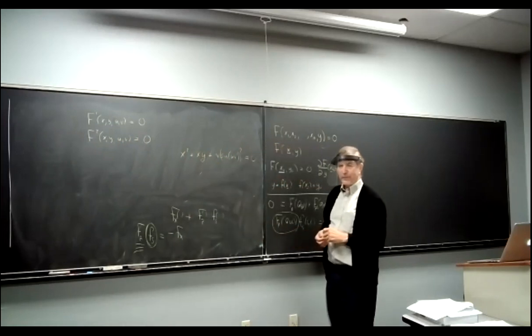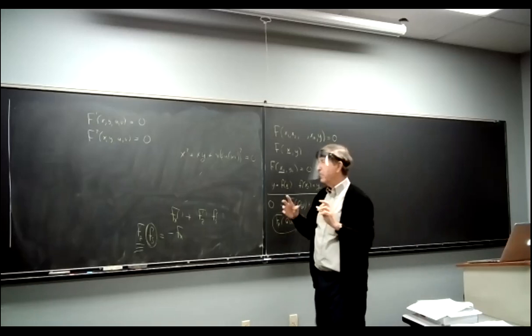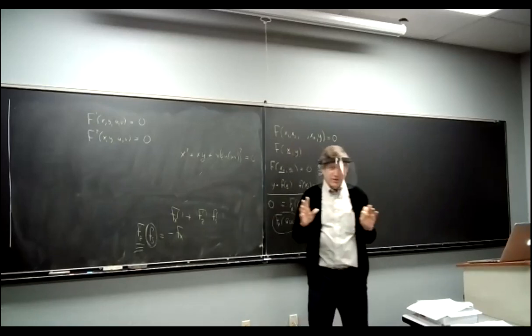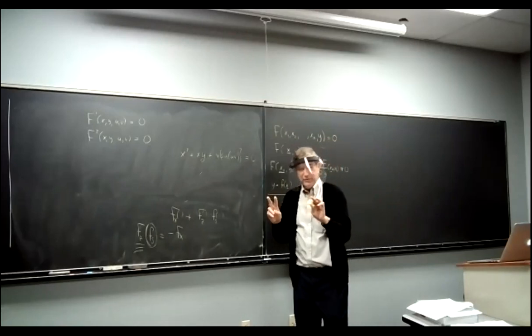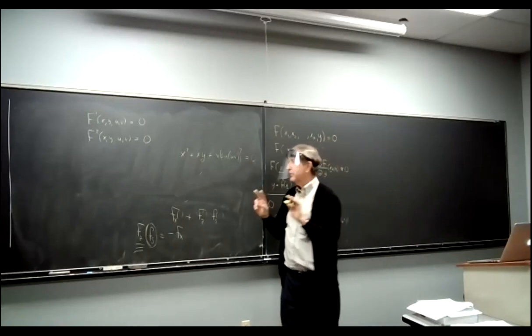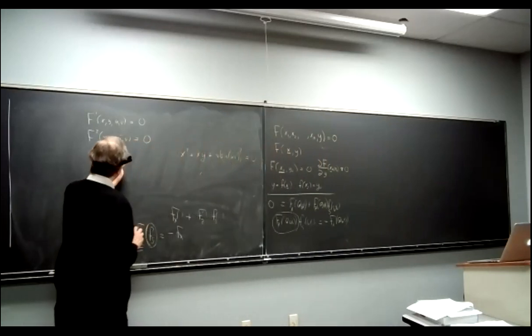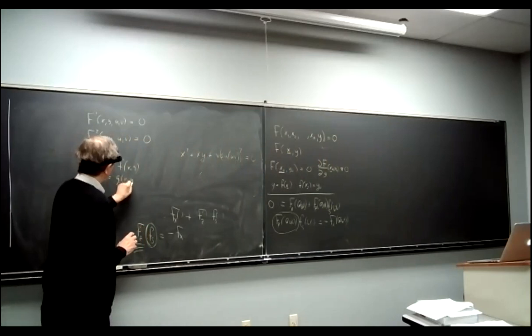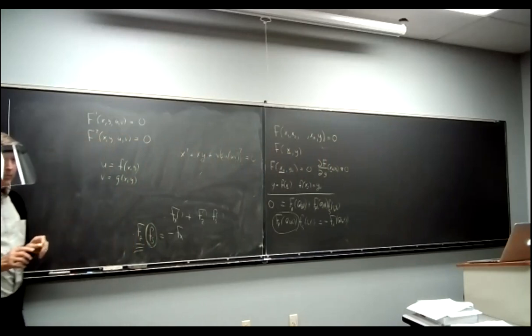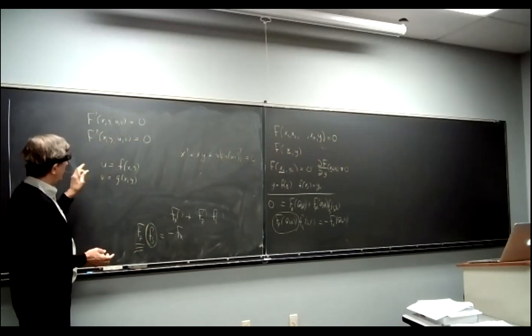I might have 4 variables, an equation. Now, if I just have 1 equation, I got a mess. But if I have 2 equations, I might be able to solve the 2 equations in terms of 2 other variables. In other words, I might be able to show that u is f of xy and v is g of xy.